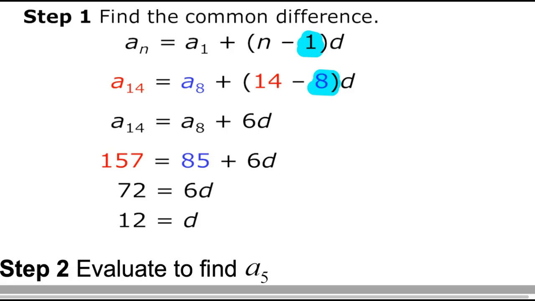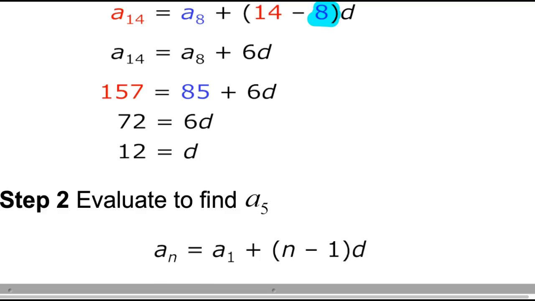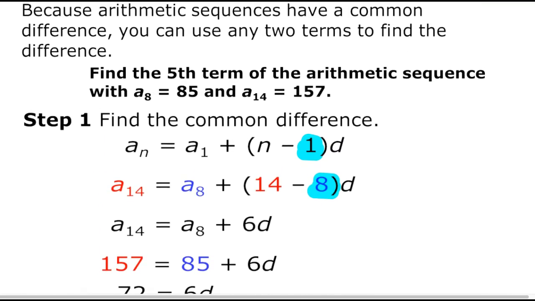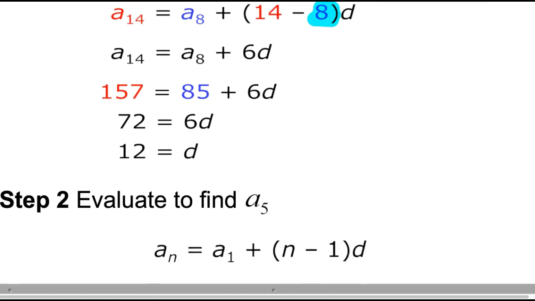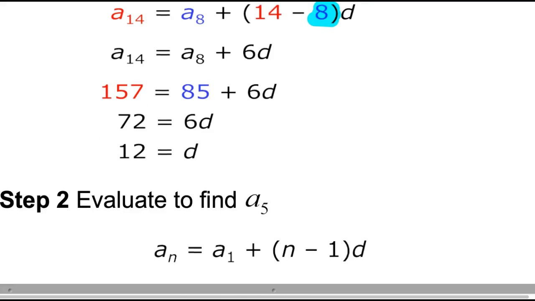Okay, and then if you want to evaluate whatever it is you want to evaluate, you just use the formula again, and you know your common difference now, so you should be able to evaluate to find a sub 5. Well, this actually, we don't know a sub 1, so we know a sub, let's see here.